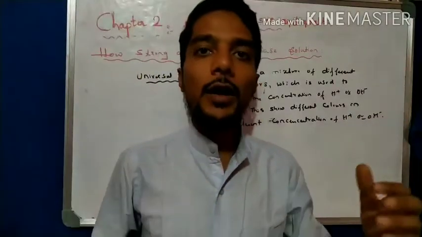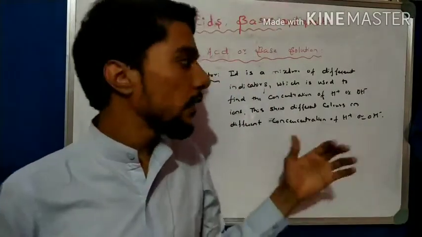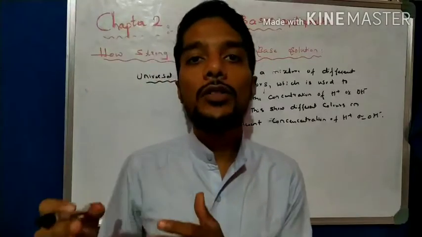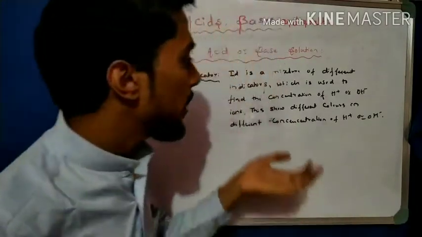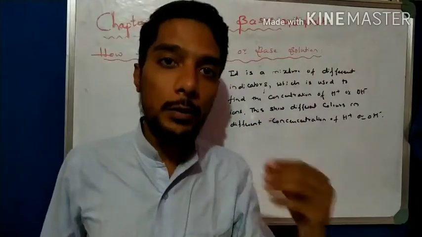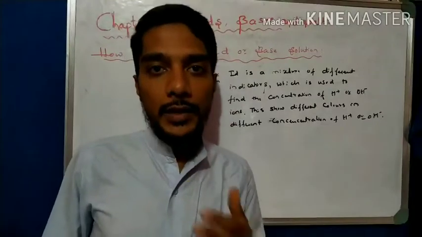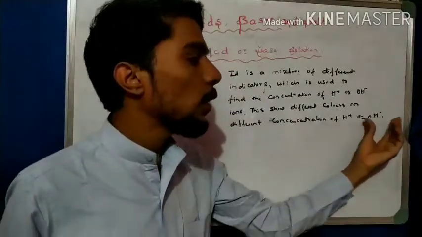If the H plus ion concentration is more, the color is different; if OH minus has more concentration, the color is different. That color we read on the pH scale. The changing colors, red, yellow, green, blue, are obtained depending on the concentration of H plus and OH minus ions.